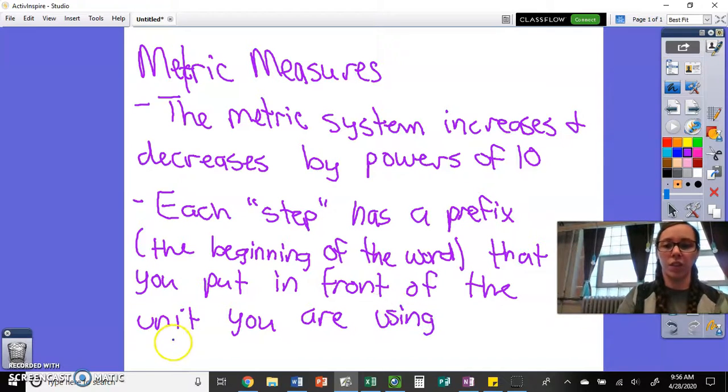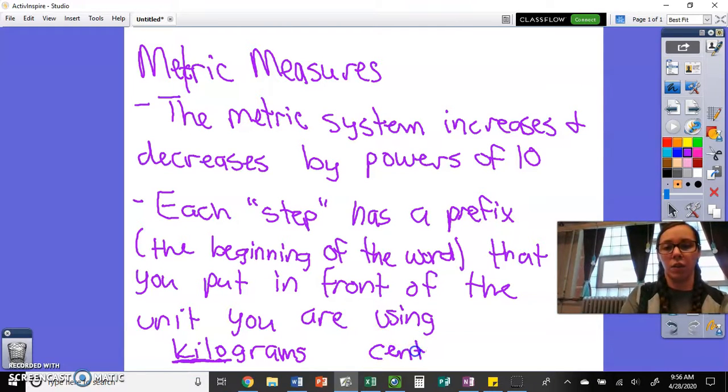So you would see something like kilograms, and here's that prefix kilo. Or you would see something like centimeter, and here's that prefix again.